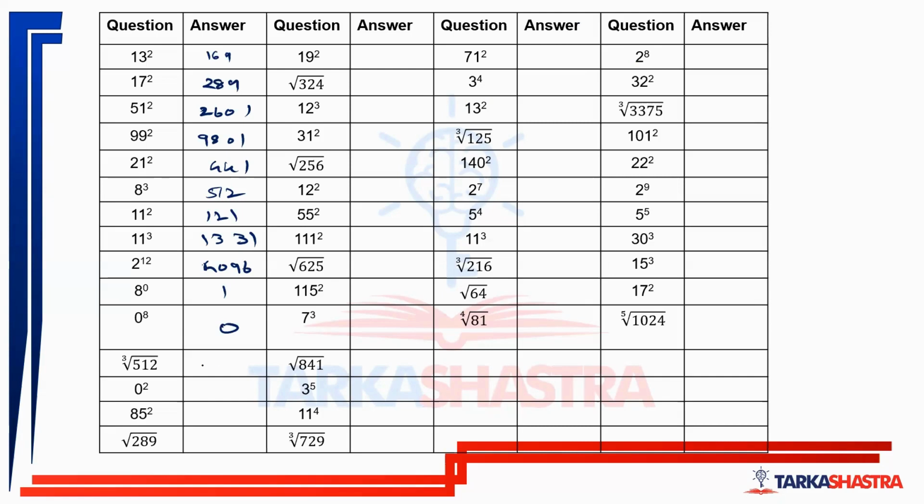Cube root of 512 is 8, 0 square is 0, 85 square is 7225.